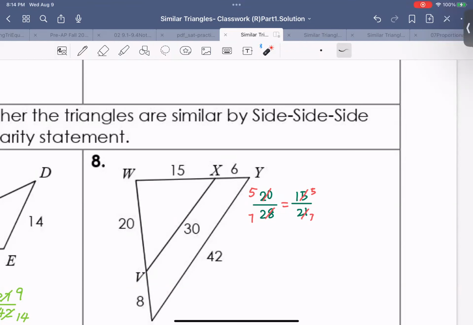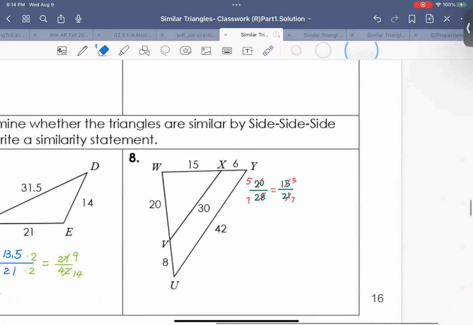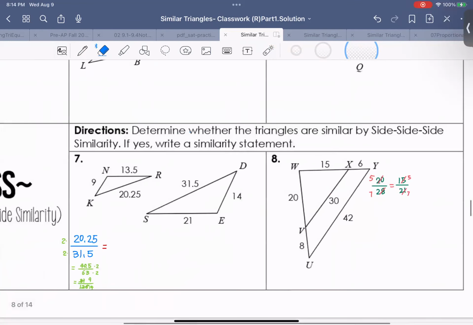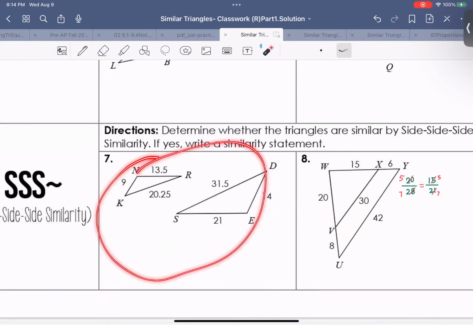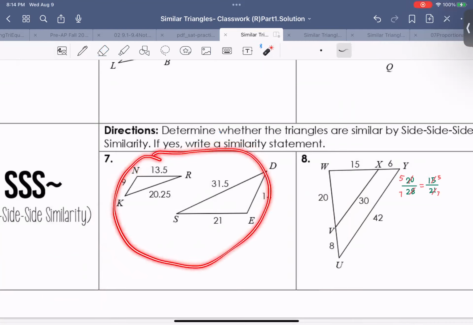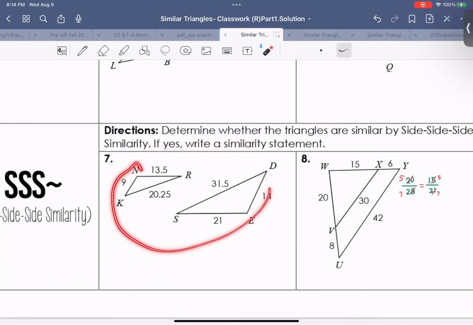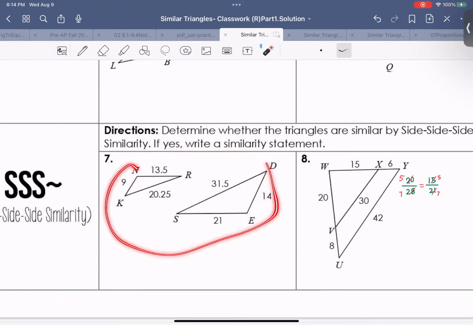And then, let's see here. I'm going to delete this work. This one needs some foundations for number sense. Go ahead, do the ratio. You do this on your own paper. Check this, and see if this is supported by SSS. Okay?